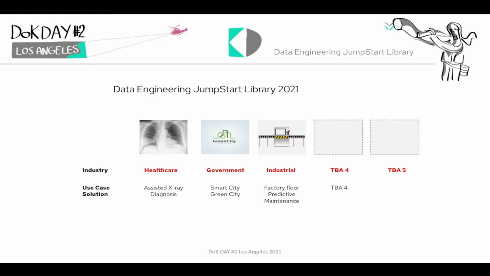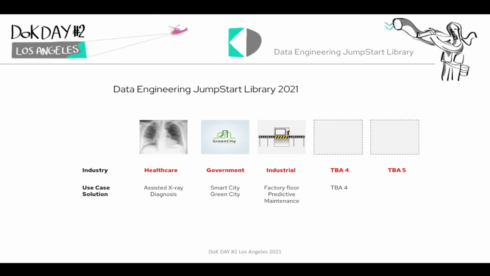The overall vision for the Jumpstart library, at least for this year, is to cover multiple different industrial verticals, try to identify some use cases, and how we can solve them using the technology. For the healthcare use case, we have identified X-ray diagnosis.